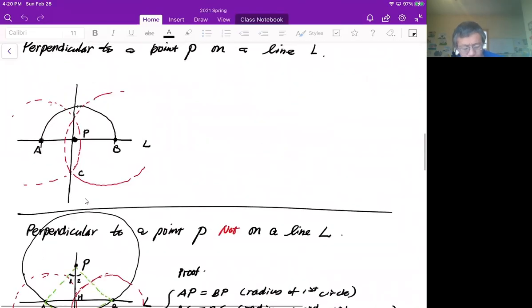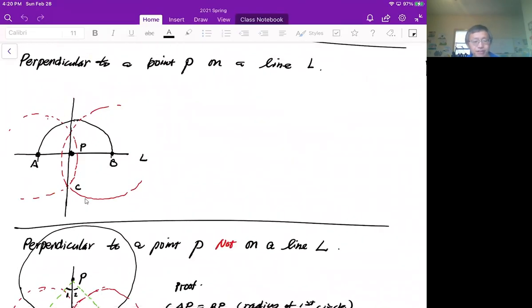And the next one is the perpendicular line. How to draw the perpendicular line to a given line? Then we have two sub-questions. One is you want to draw a perpendicular line at a given point on the line. So P is on the line, right? How can we do that? Basically, this is just like drawing the perpendicular bisector.